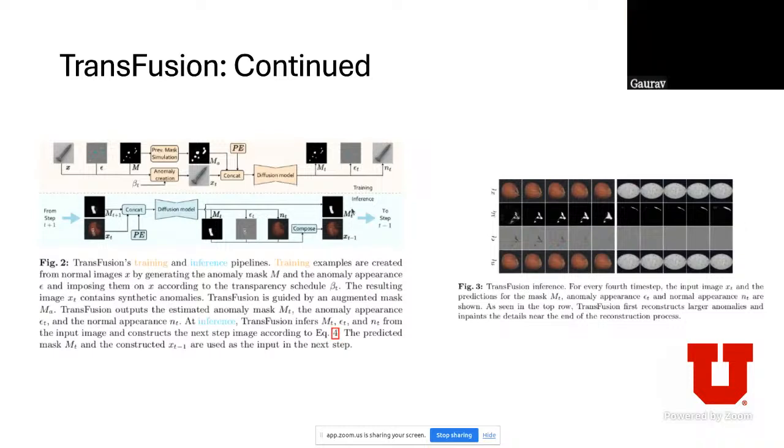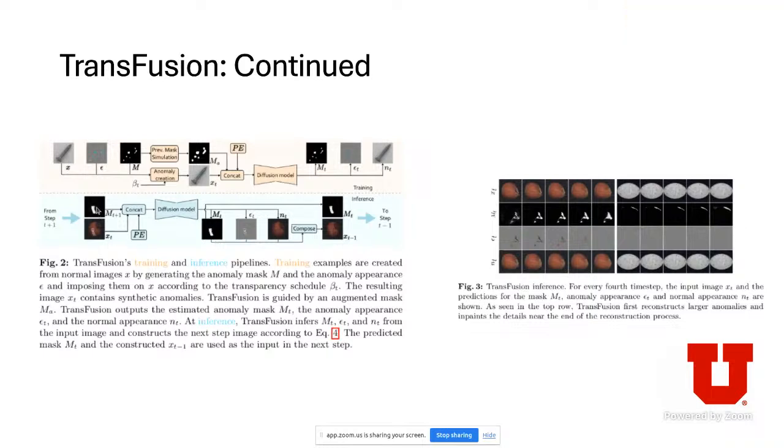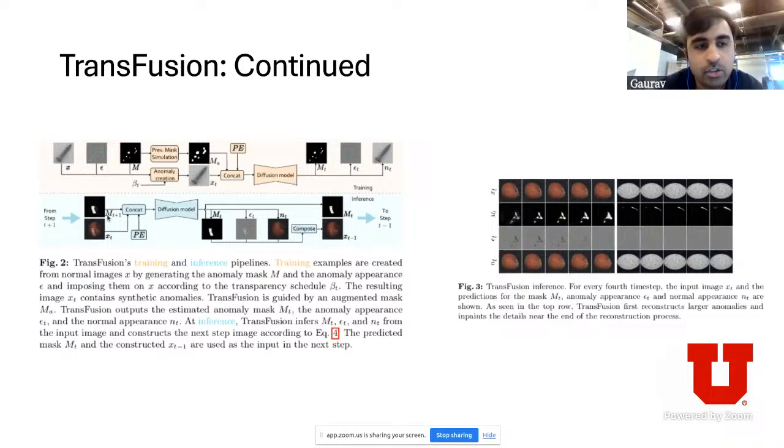And when you do the inference, how do you do that? Your mask is zero. I think that's a good point. The mask initially was set to zero, so the initial mask, all zeros, is concatenated with the initial input, which would be an anomalous image or a normal image, a test sample.